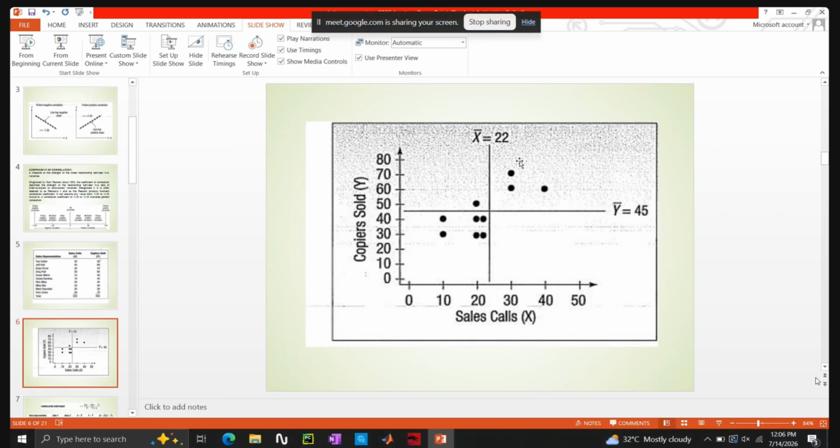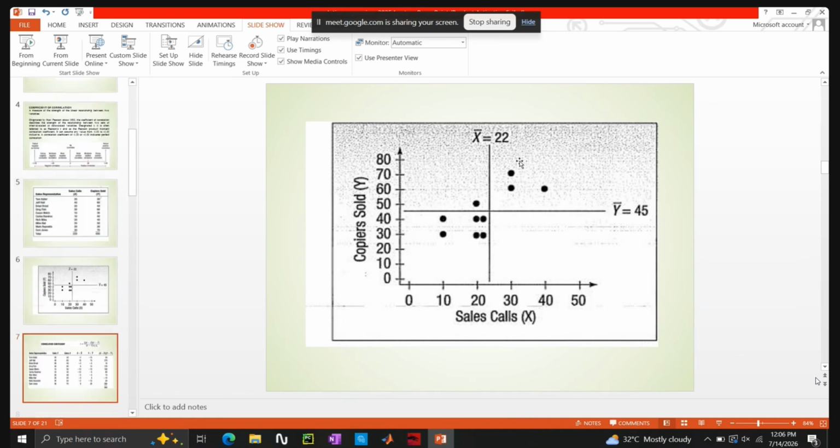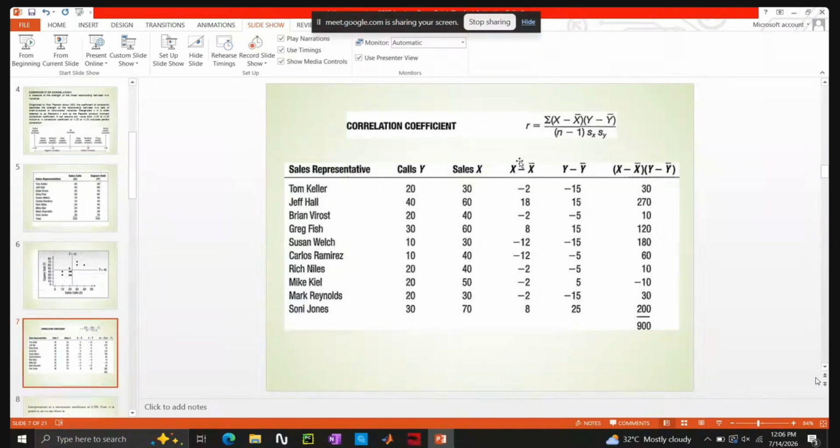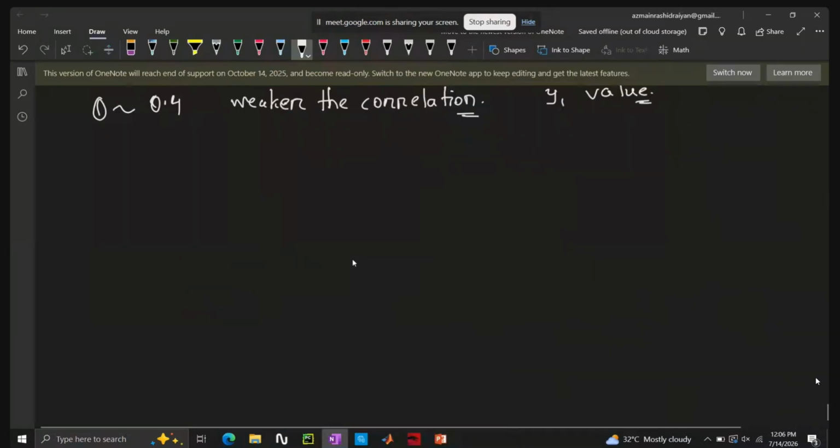Before telling you about this plot, let's just solve a very simple problem. Before moving on, we have a formula for the correlation coefficient right at the top of the slide. I have already mentioned the correlation coefficient formula. So what's the formula?